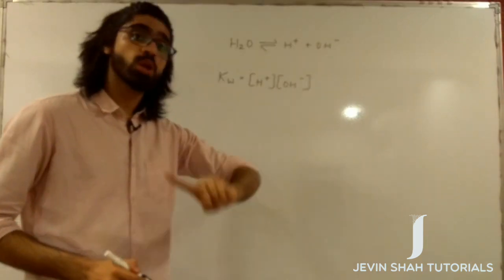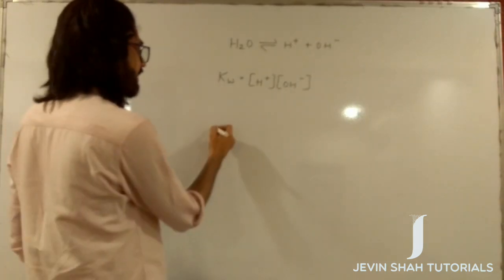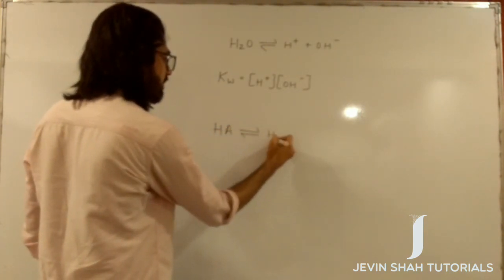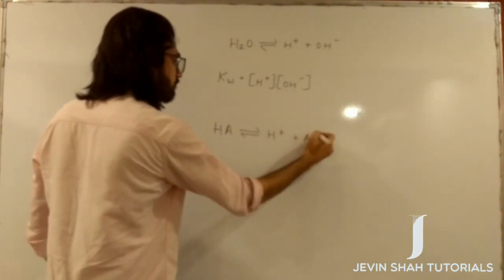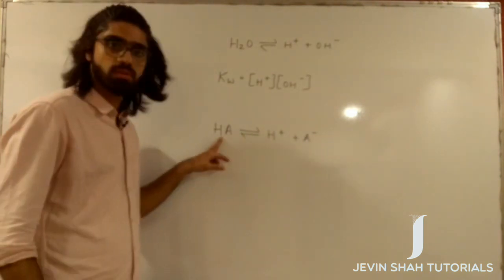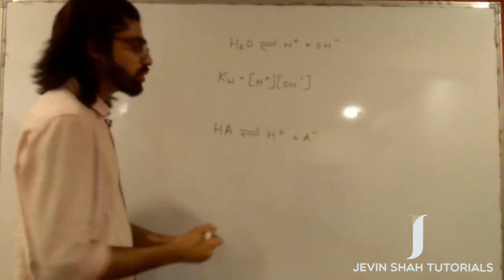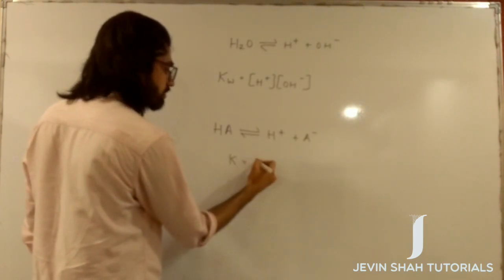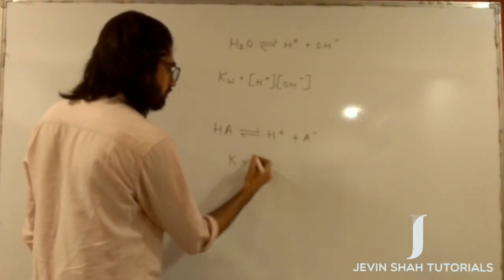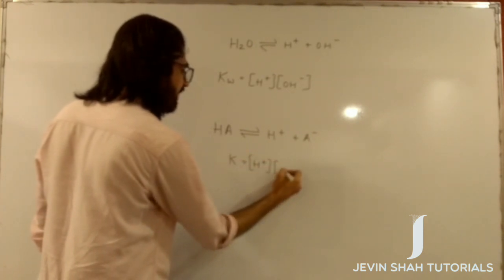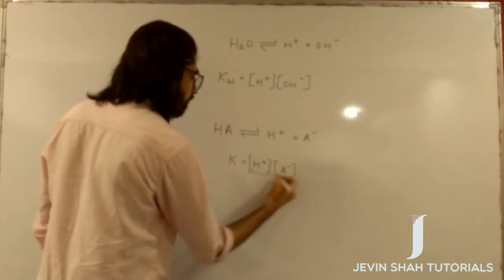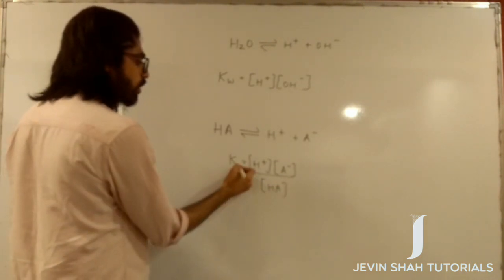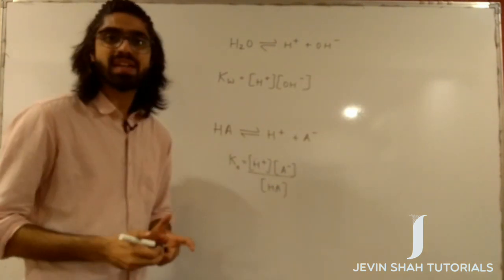That weak acid will also dissociate in the same solution, and that dissociation will be HA in equilibrium with H plus plus A minus. For this dissociation also, you can write the equilibrium constant as K equals H plus into A minus upon HA. This is what you call the dissociation constant of the weak acid, so you write it as Ka.